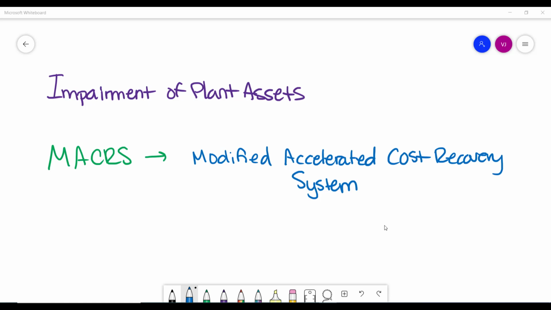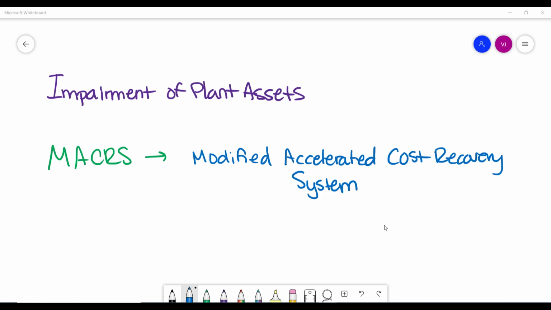Now, lastly, MACRS, Modified Accelerated Cost Recovery System. Most businesses use MACRS, which is a depreciation method, for their income tax returns. This is beyond the scope of our class, but it's important to mention that this is one of the commonly used methods when it comes to completing tax returns.